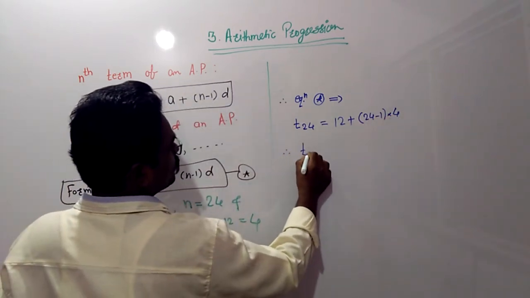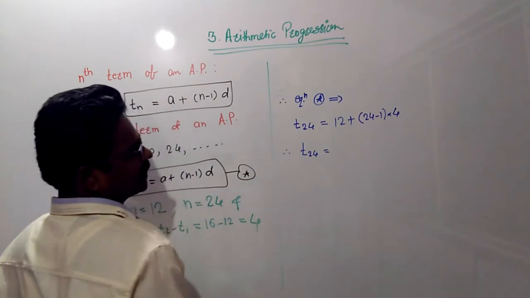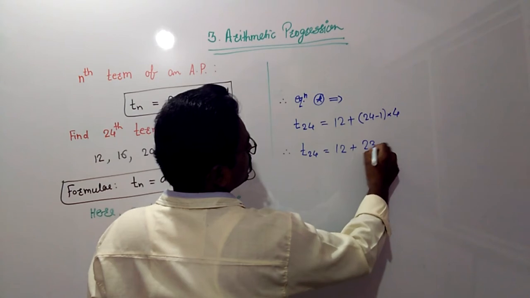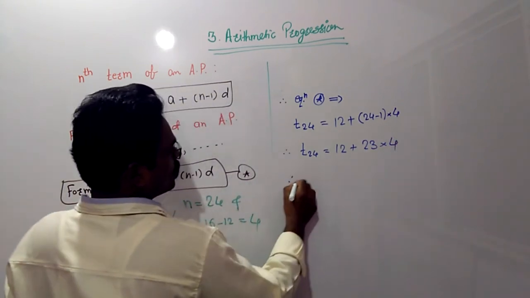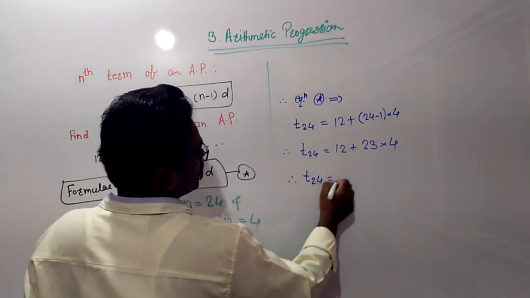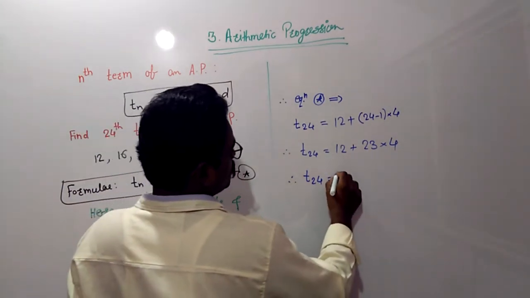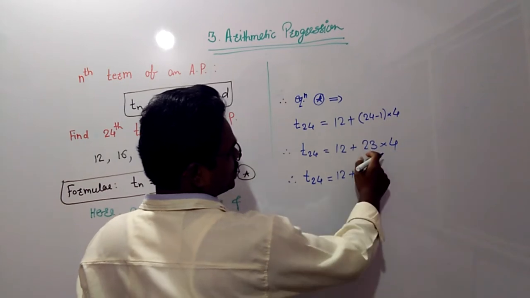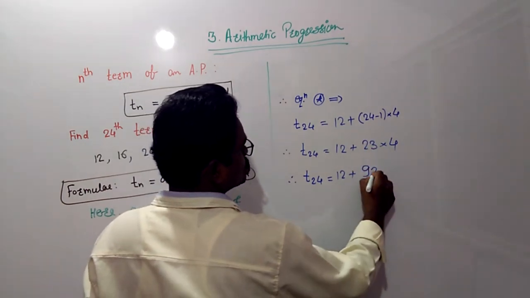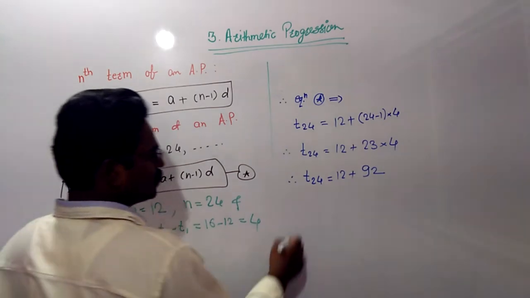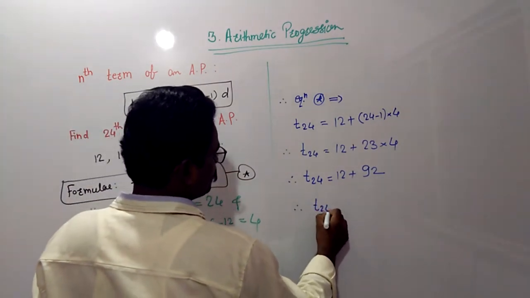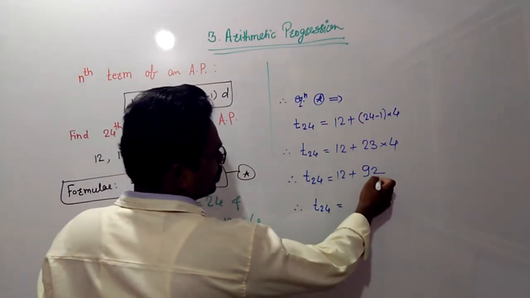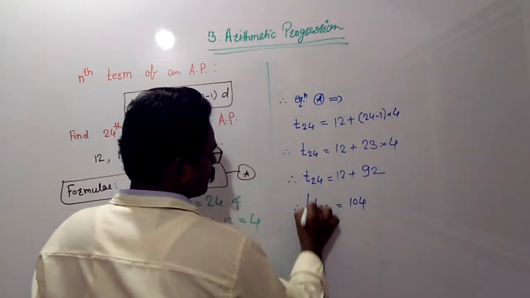Therefore, T24, the 24th term, is equal to 12 plus 24 minus 1, which is 23, into 4. So T24 is equal to 12 plus 23 into 4. 20 fours are 80 and 3 fours are 12, so 92. Therefore T24 is equal to 12 plus 92, which is 104.